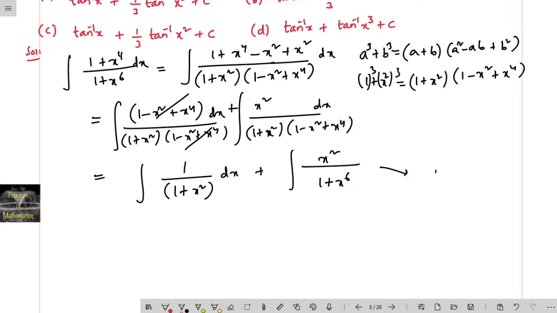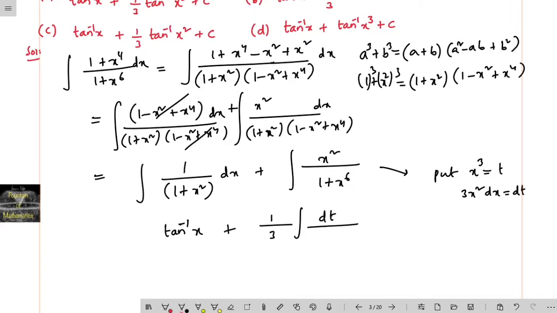So here I will put x power 3 is equal to t, so that differentiating will get 3x square dx is equal to dt. So here in this part answer is directly, we can write integral of 1 upon 1 plus x square is tan inverse x, plus, and this part by taking this you will be getting 1 upon 3 times of x square dx is dt divided by 1 plus t square.